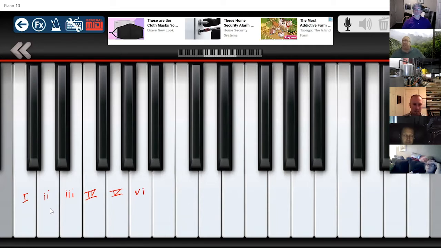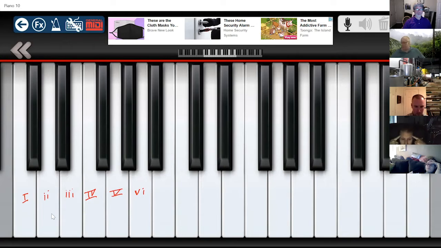Then the next thing that we need to look at is, let's look at these triads then. That, and this one, and this one. They sound the same, but they're in different positions within the key.